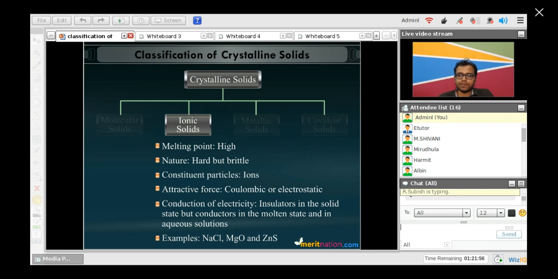Whichever force exists in the electrovalent bond, that force lies in the ionic solid. So ionic solid has electrostatic force of attraction, and there will also be repulsion between two similar types of ions.